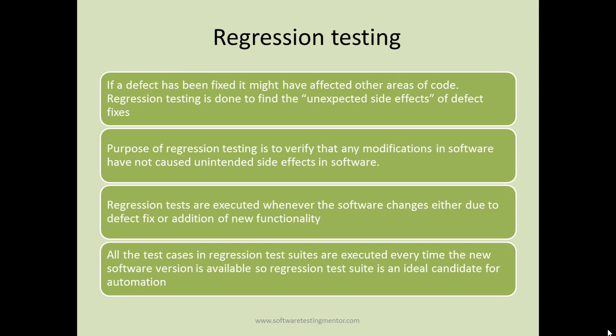That is why in most organizations you will see that the regression test suite is mostly automated. It's just to reduce time, effort and budget, because every time you need to re-execute the regression test cases, so it is good to automate them once and use them again and again whenever there is a new version of software available.